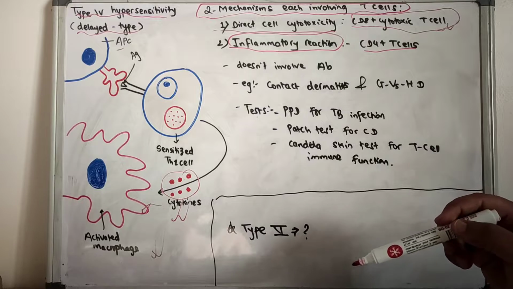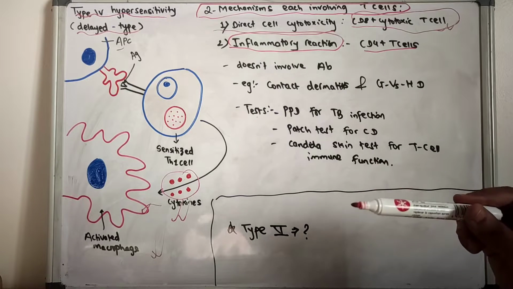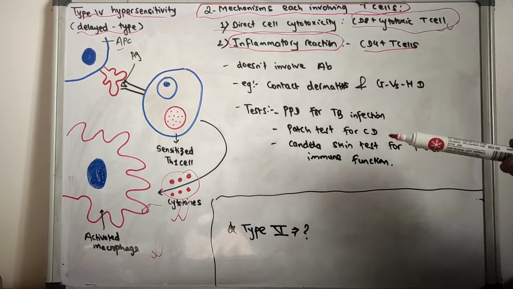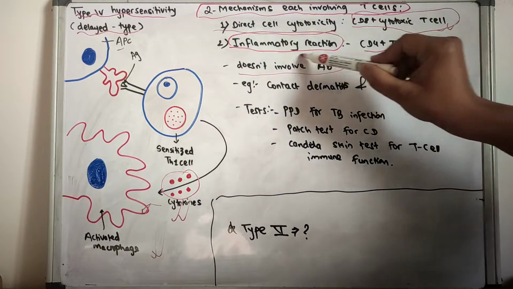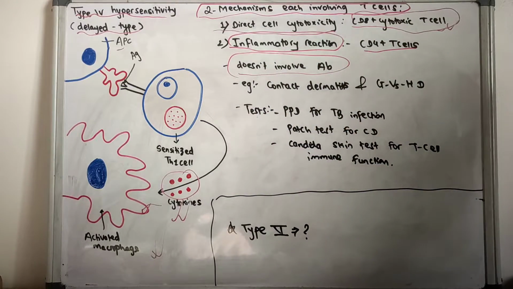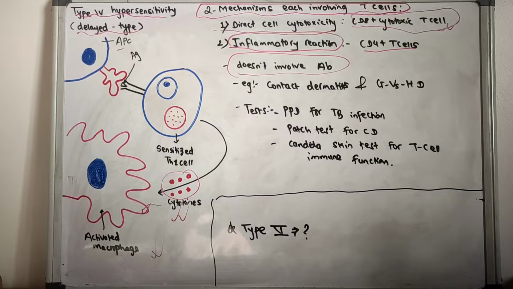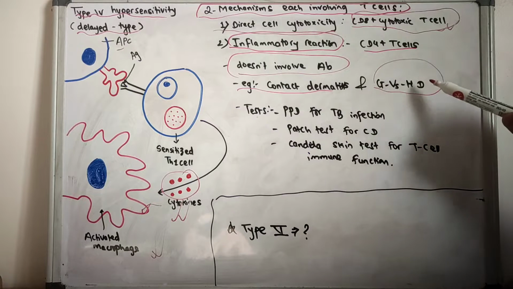So we already know that the type 4 hypersensitivity reaction is the delayed type of hypersensitivity, and it doesn't involve any antibody. Now I am going to give the various examples of the type 4 hypersensitivity. One is contact dermatitis and another is graft versus host disease.